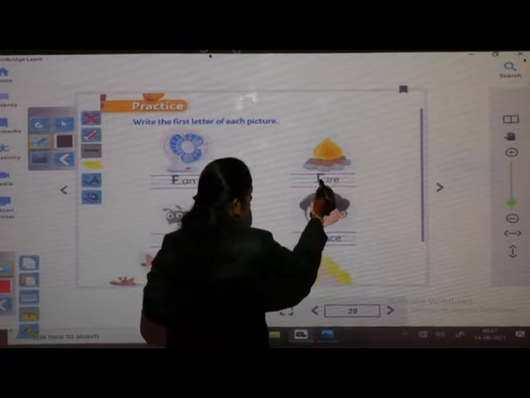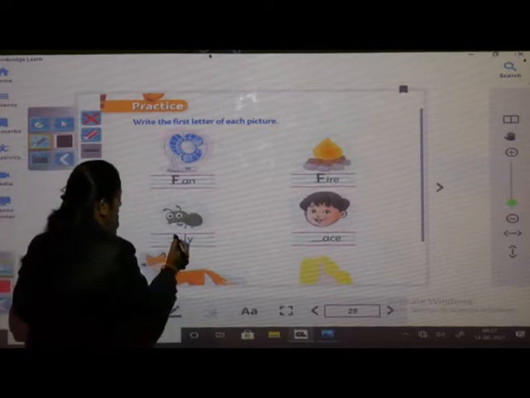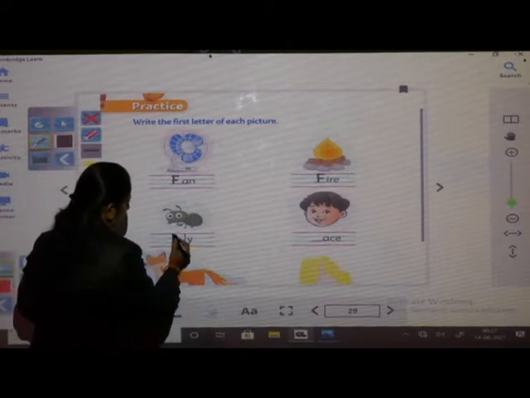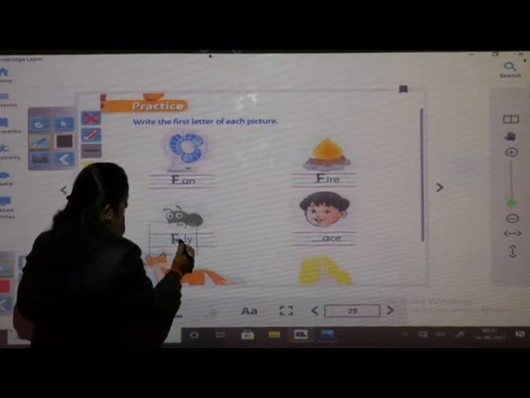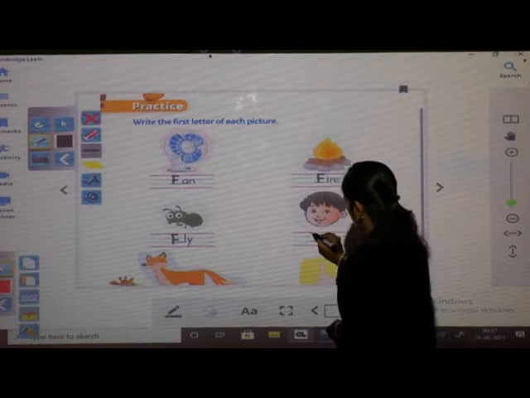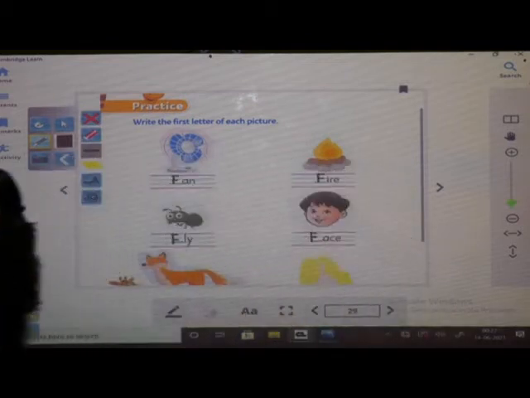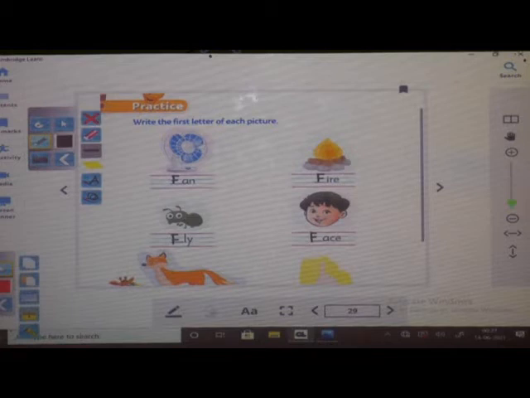Here also F for fire. So you have to write capital letter F. Complete fast.